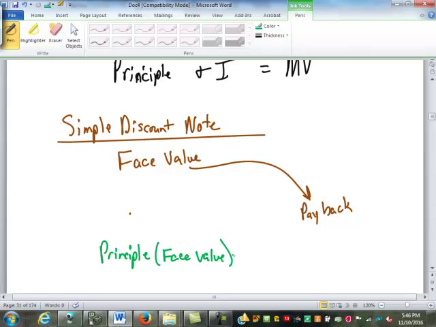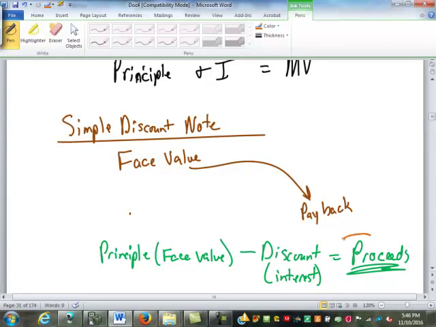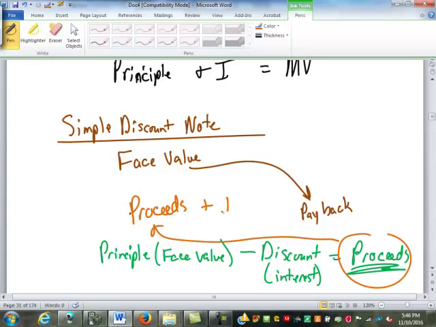And from that, you subtract a discount. That is your interest. And that gives you the proceeds, which is the money you actually get. To that, you would add back in the interest to get what you pay back. The discount is your interest.